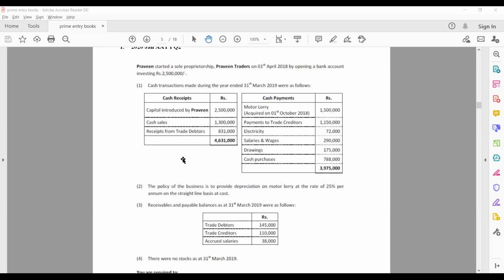And also we need the ledger accounts. We need ledger accounts for trade debtors, trade creditors, and accrued salaries.